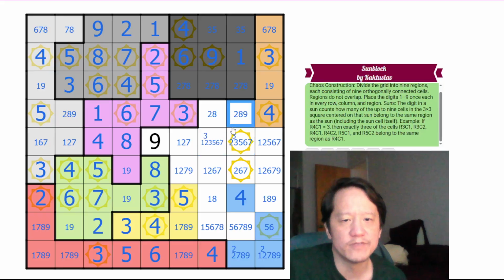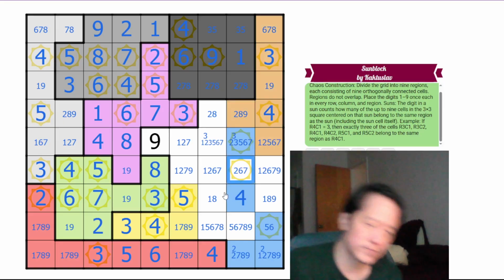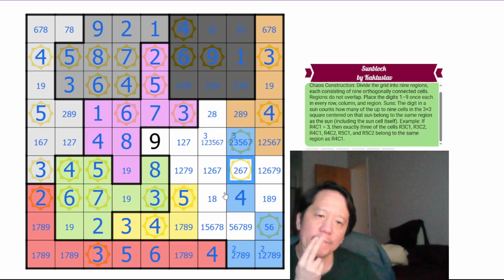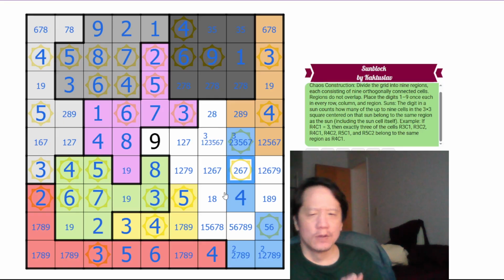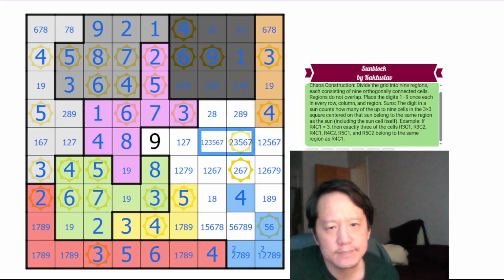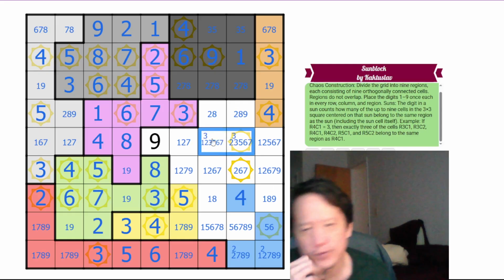So what happens if blue is here? If blue is here, orange has to be here and here. 3, 4, 5, 6. Huh. Okay. So it's definitely 3. We definitely have to have blue go up there.